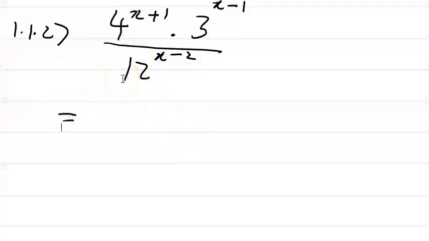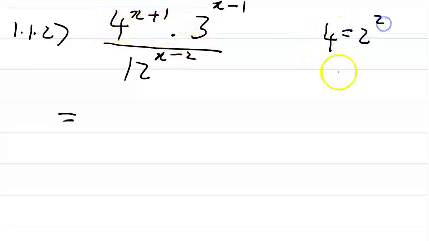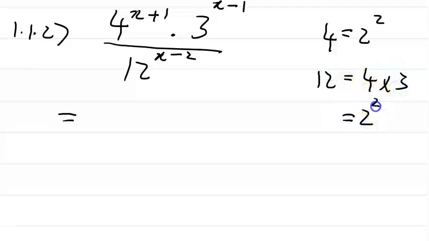Now, the thing about exponents, when you are working with simplification of exponents, we need to look at the bases and we need to identify them or write them as prime bases. Like 4 is equal to 2 squared. 3 is already a prime number. 12 is equal to 4 times 3, which can be represented as 2 squared times 3.